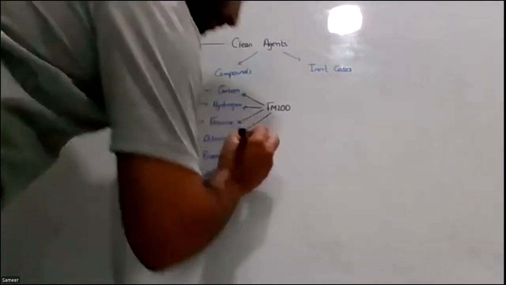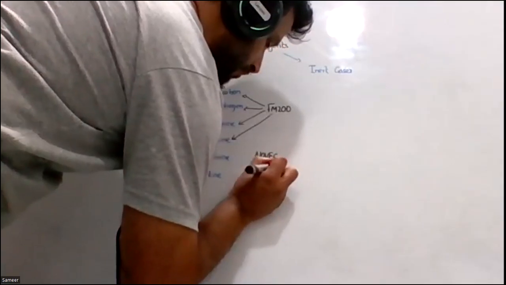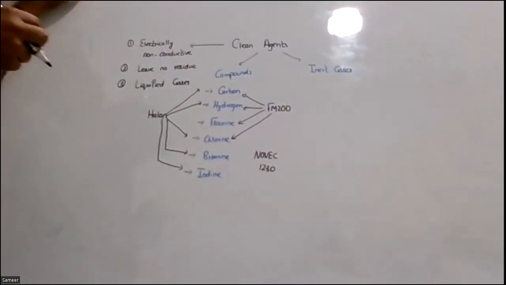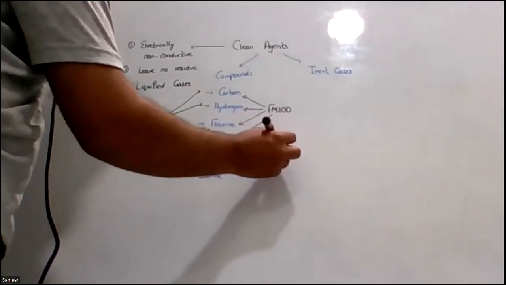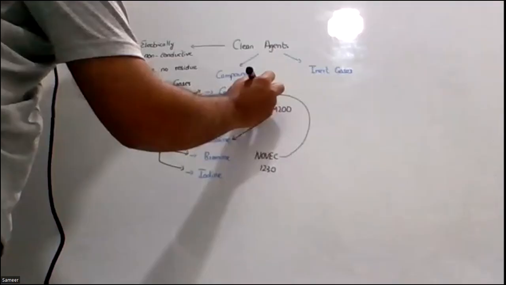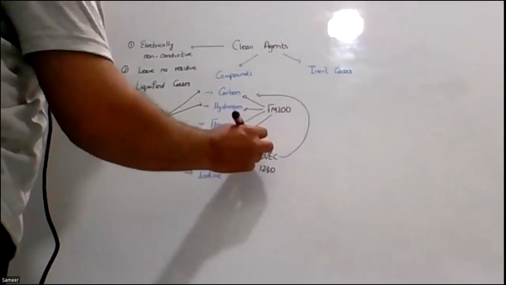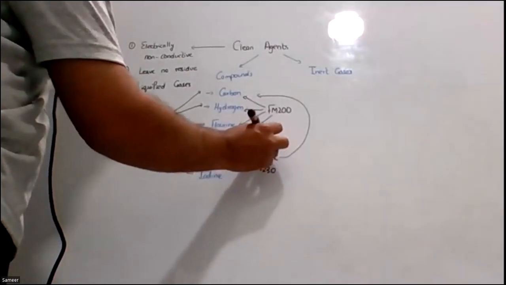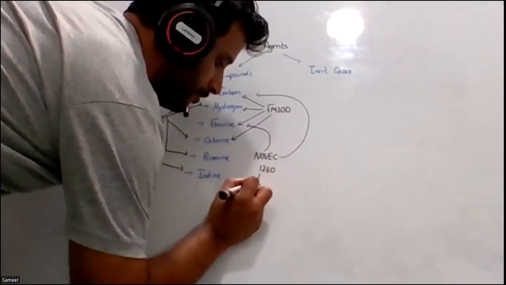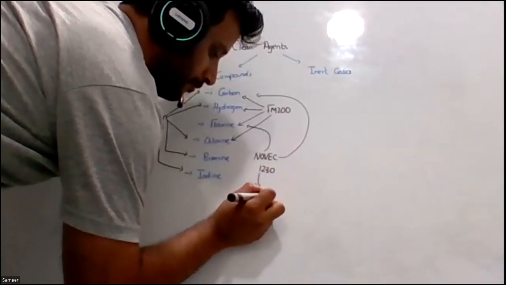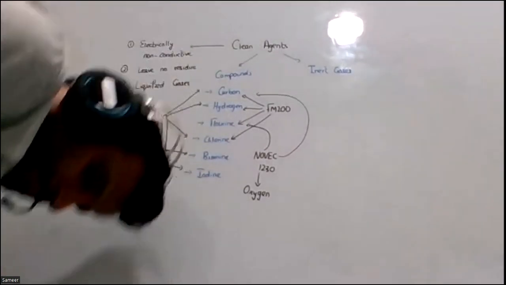And then we have Novec, which is usually considered a fluoroketone, meaning it has carbon, fluorine, and also one oxygen.